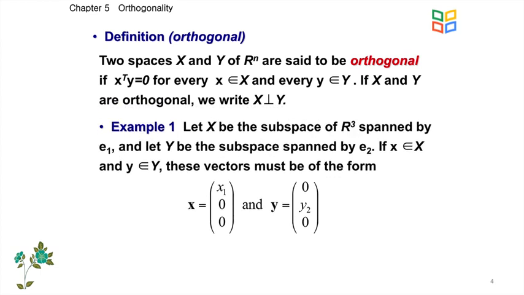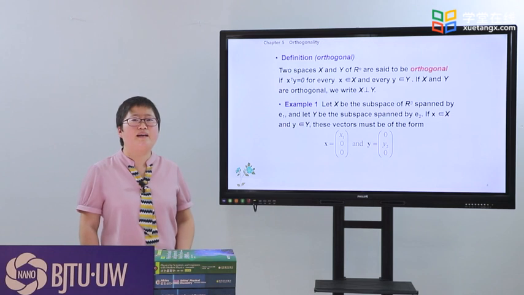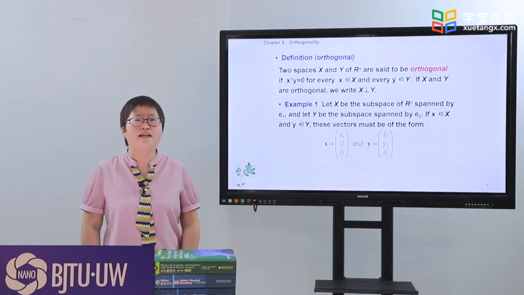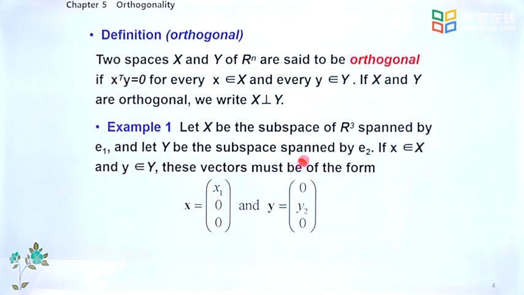See this example. Let X be the subspace of R3 spanned by e1, the first coordinate vector, using the standard basis. And let Y be the subspace spanned by e2. If x belongs to this set capital X and y belongs to the set Y, then these vectors must be of this form.